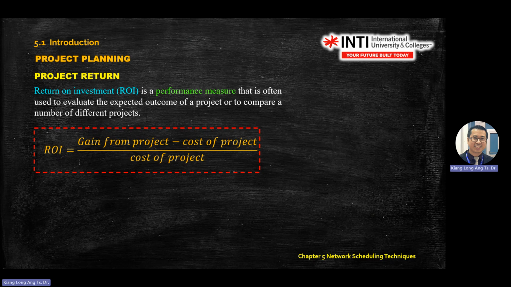So this is the textbook definition. ROI is the gain from the project minus the cost, divided by the cost. In simpler terms, it means output divided by input. So if the test asks you to give the definition of ROI, you just write in this form. You can write profit, but you have to give the definition of what you mean by profit.